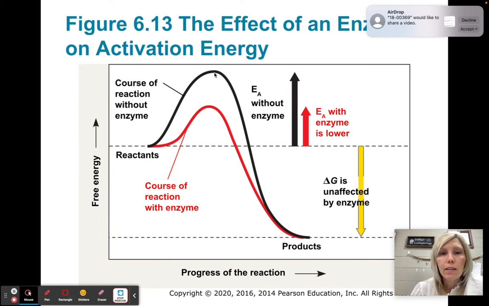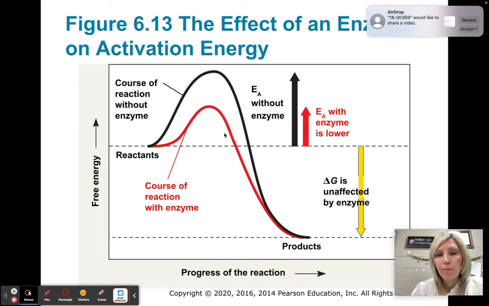So you can see that there is less energy required, or less energy of activation required, when an enzyme is present. So kata means down. So a catalyst, an enzyme, is lowering the amount of activation energy required to get the reaction started. Again, this is a breakdown reaction.